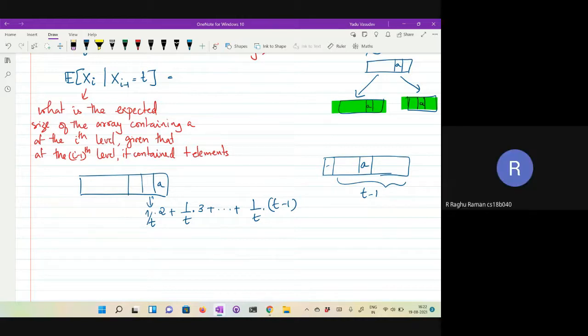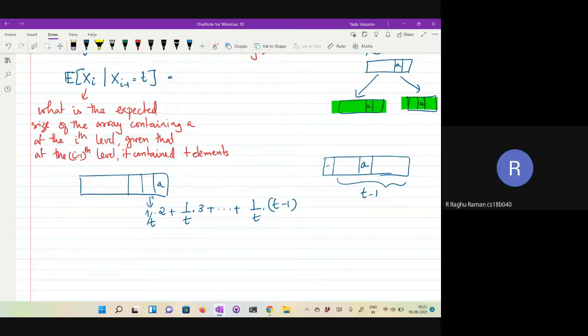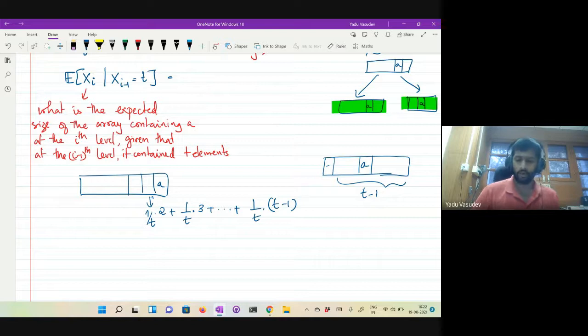1 over t, right? 1 over t. Why is that? Like if you randomly choose a pivot, then all possible lengths are equally probable. So I'm just looking at this thing.